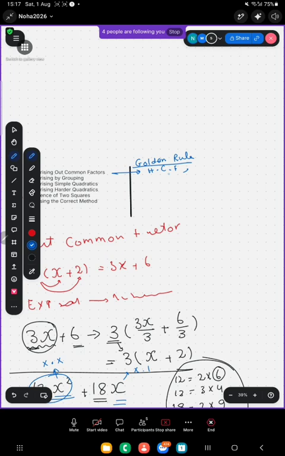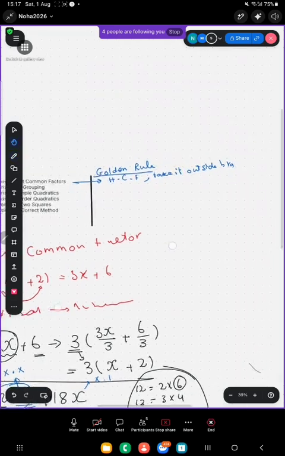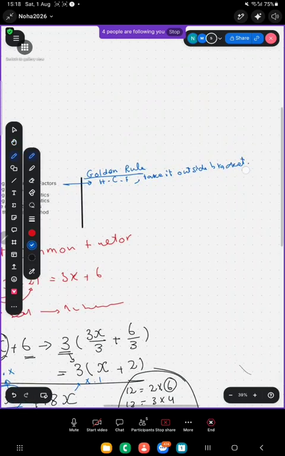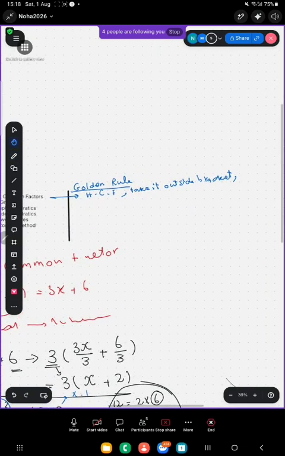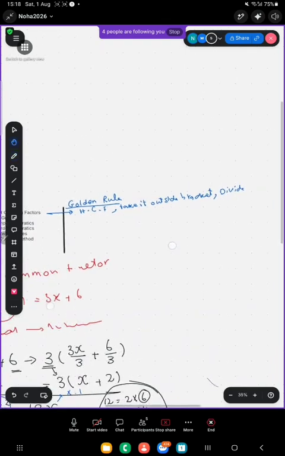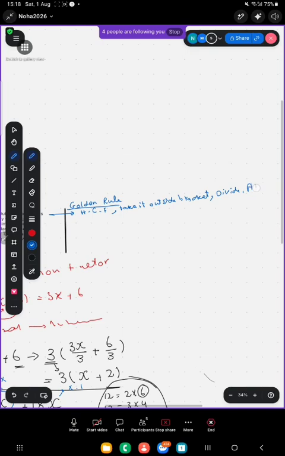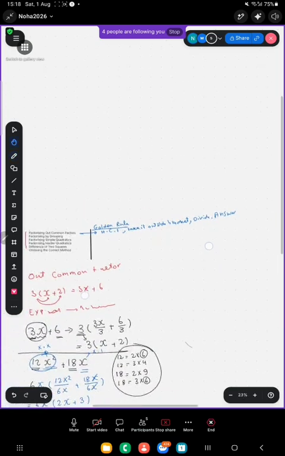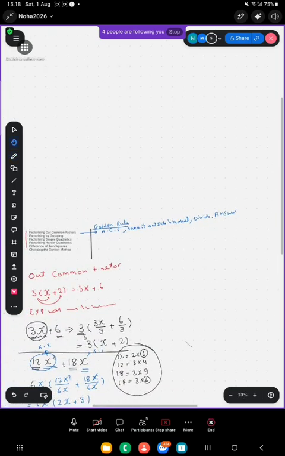After getting highest common factor, take it outside brackets. And then what I have to do after that? Divide each term by the common factor and answer. Check your answer after that. Okay? So this is our golden rule, or how to solve.